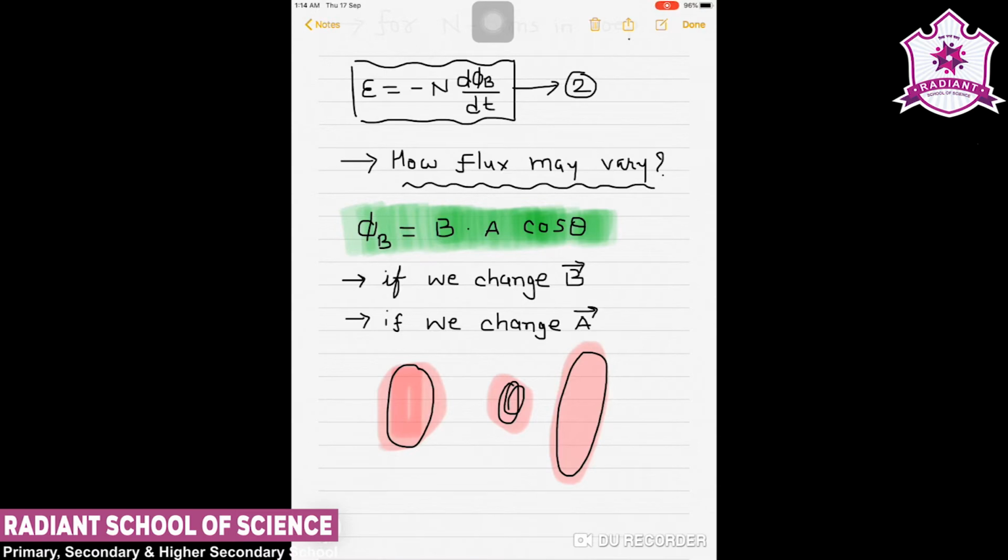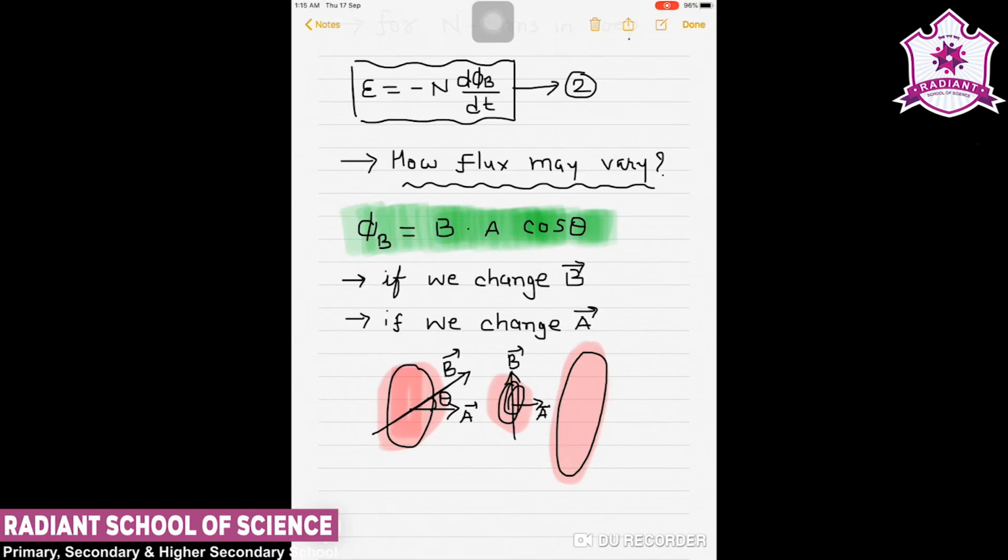And obviously the third one is the orientation between B and A. Suppose this is your area vector, and now B is lying somewhere here, so the angle is theta. Suppose in this case the area vector is here, and the magnetic field is somewhere here, then also the flux will change.